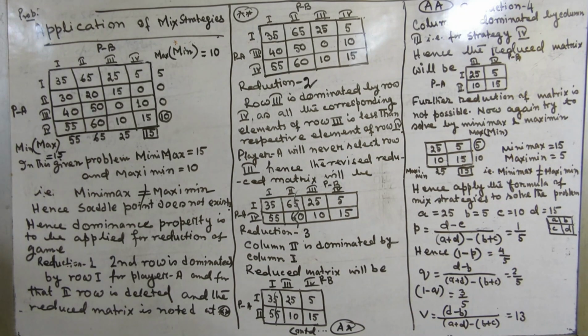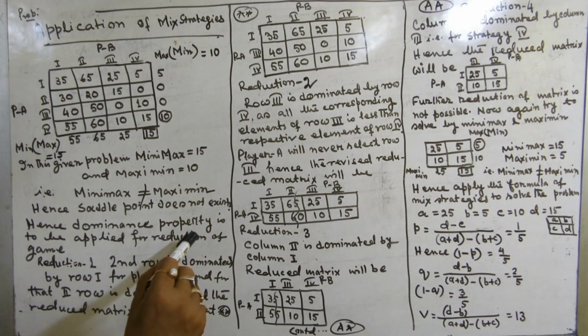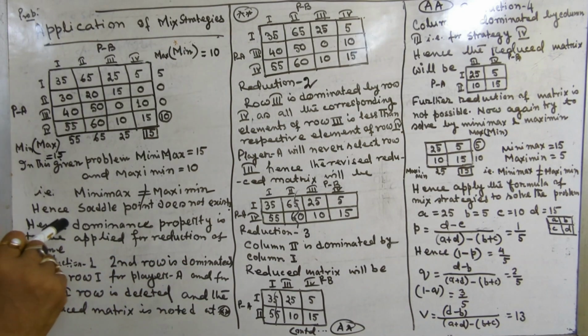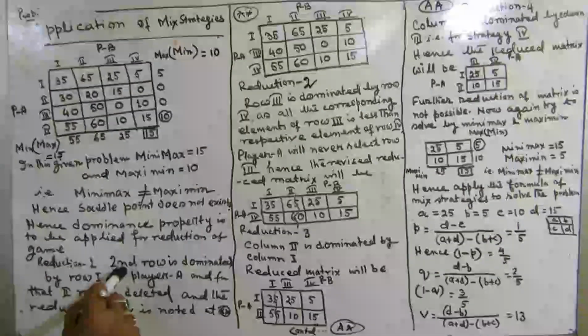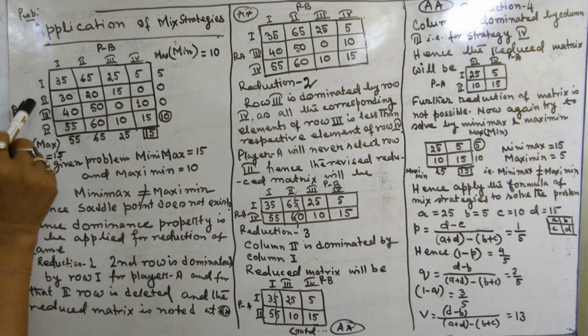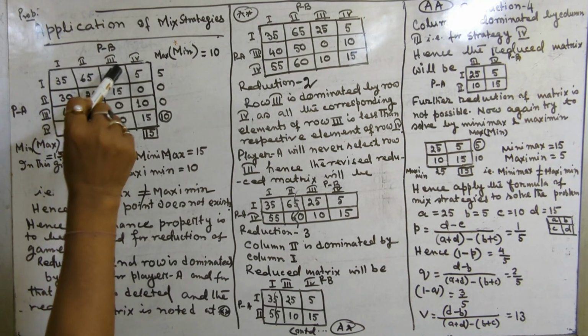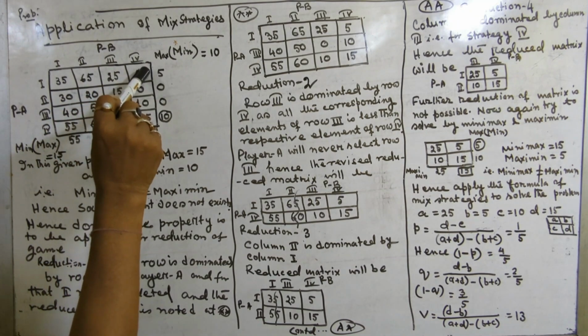I have already discussed in a previous video how dominance is applied for reduction of the game problem. Again, I am discussing it in brief. First, reduction. How? See, the second row is dominated by row 1. You see, for all the elements, 35 is more than 30, 65 is more than 20, 25 is more than 50, and so on.